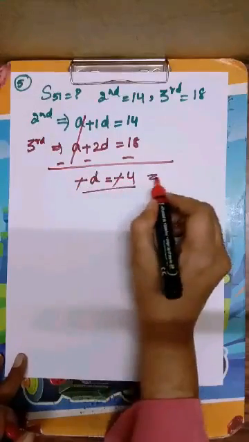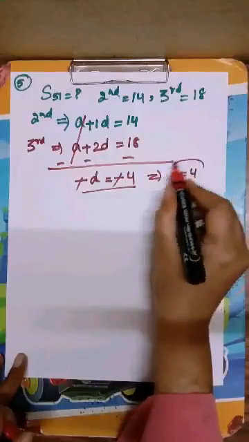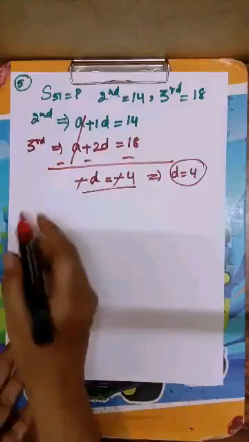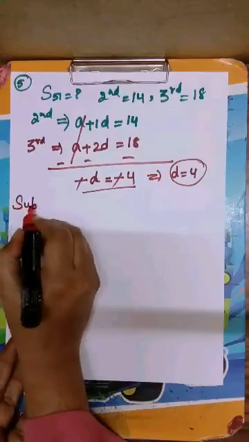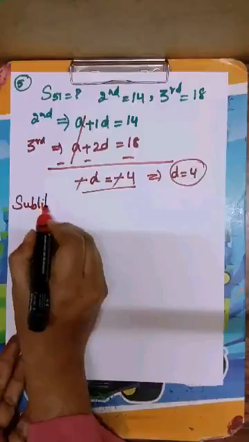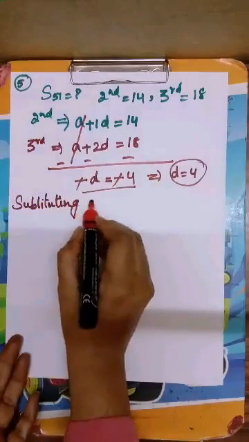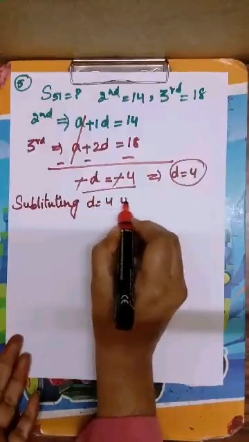Minus minus cancel, that means D is equals to 4. We got the value of D. Now substituting D is equals to 4 in any equation.